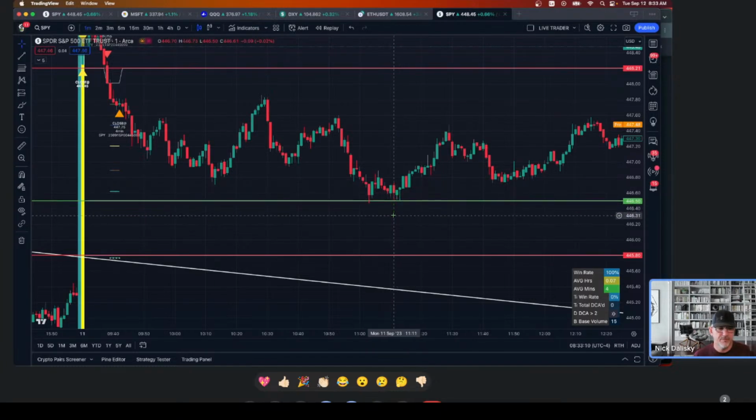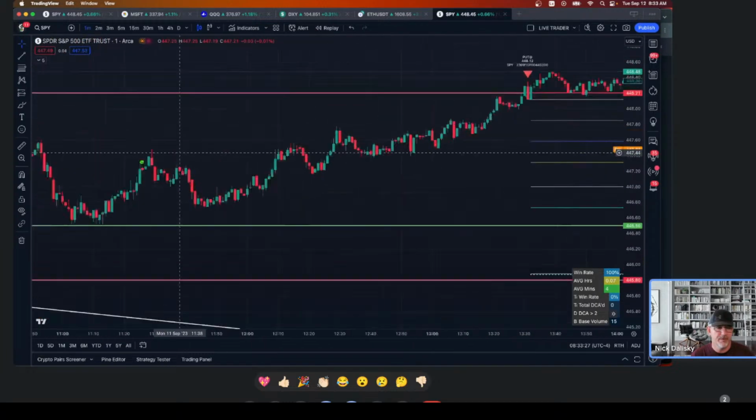I think we had 446.30 or 40 is where we were anticipating the bounce. It bounced a little bit higher, right? Being a Monday, I should have been a little more aggressive and pulled it up a little bit more. That would have put us in a call here, which would have played out perfect.